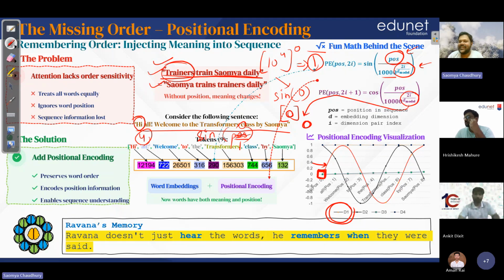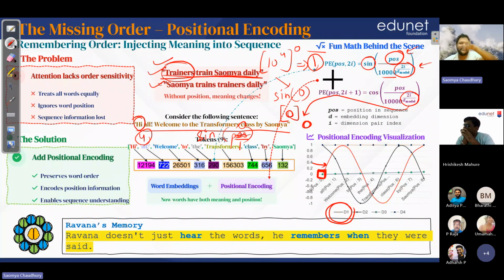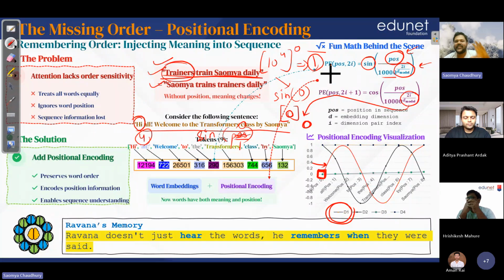All right, perfect. Now, I told you one more thing: if there is a sine pair, you saw that rotating circle, for a consecutive sine pair you have a cos pair, so that you can represent the things. That is why, for the entire word sequence, I'm trying to represent each of these words in 4 dimensions. This is dimension 1, 2, 3, and 4.